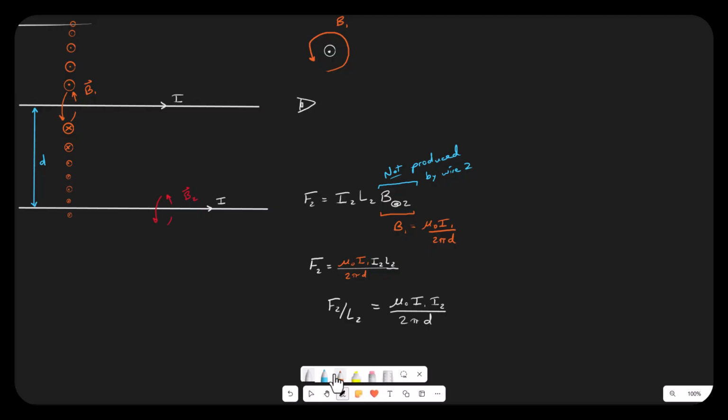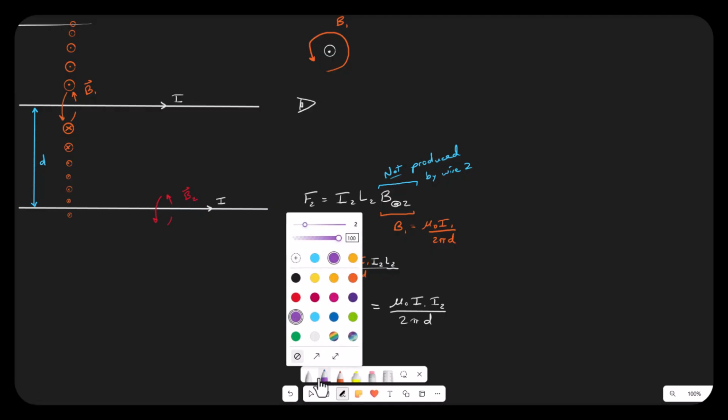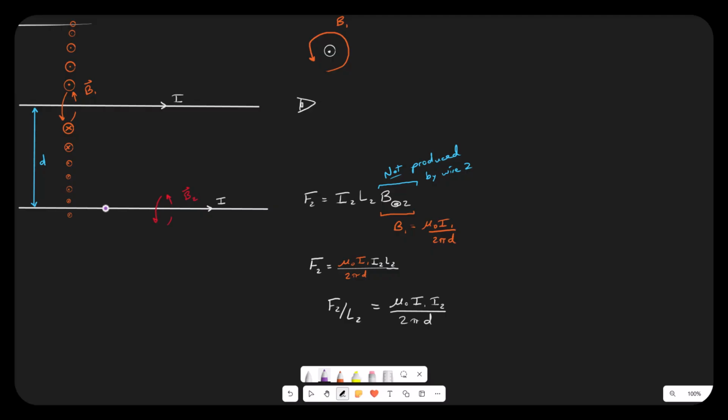I should also be able to figure out the direction of this force. So that's the next step. Wire 2 is carrying a current to the right. I said this was wire 2, so let's call that current 2 and current 1, right? Wire 2 is carrying a current to the right. It feels an external magnetic field that points into the screen. So right hand rule, I'm putting my open hand, I'm putting my thumb to the right, my fingers point into the screen, and I get a force that points upward this way.